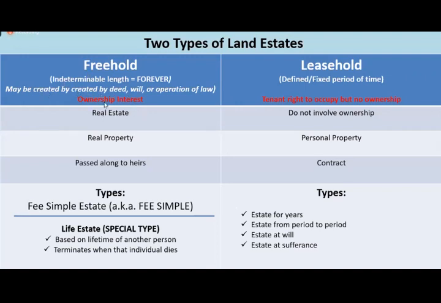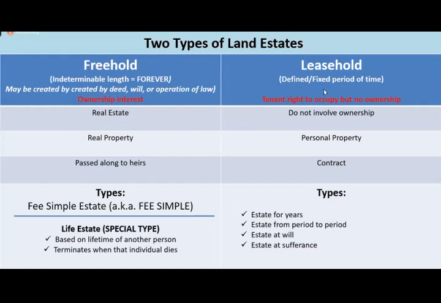Somebody has a property, they have a deed and a will, or maybe they don't, but they're going to have children, so by operation of law it'll go down to the children. Leasehold, okay? Leasehold is very different, and there are different types of leasehold estates.